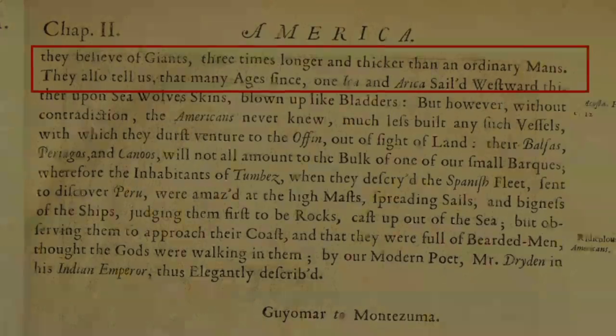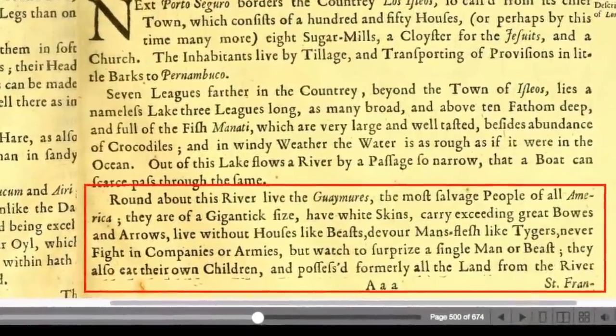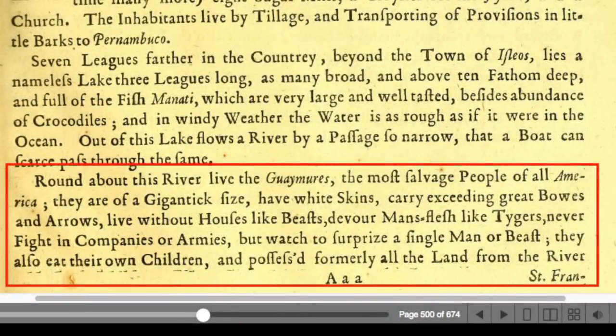All right, so let's go on to our next reference, which reads: seven leagues farther in the country, beyond the town of Isleos, lies a nameless lake, three leagues long, as many broad, and above ten fathoms deep, and full of the fish manati, which are very large and well tasted, besides abundance of crocodiles.